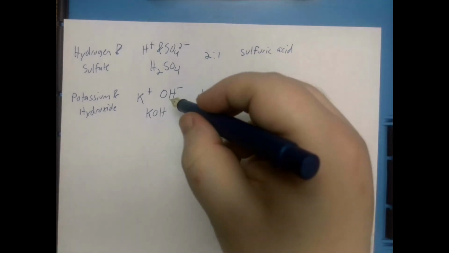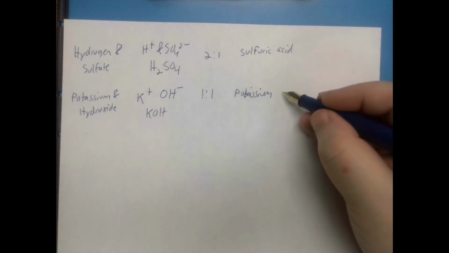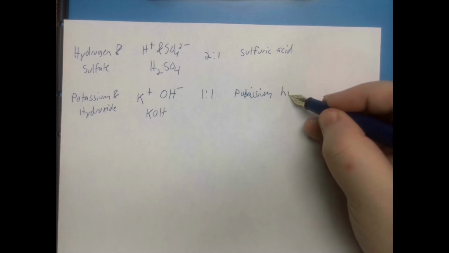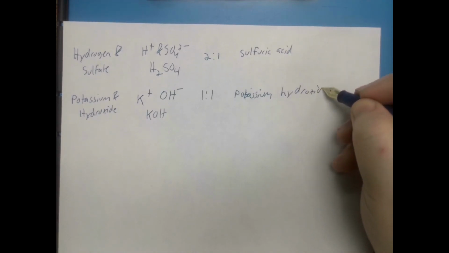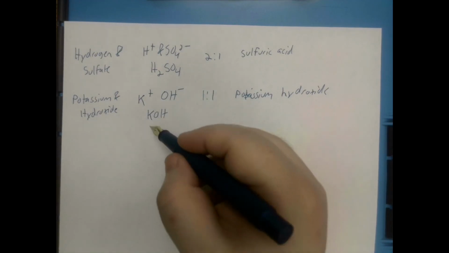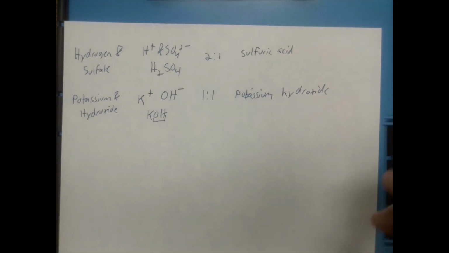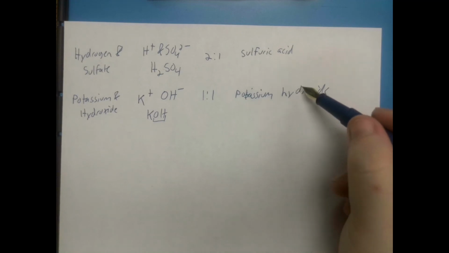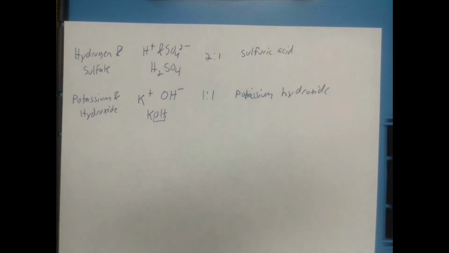And then it's the name of the polyatomic ion, unchanged, or you just put the word hydroxide. The importance, though, is to recognize that if you see an OH in the formula, it's going to be a hydroxide and it's going to be a base.